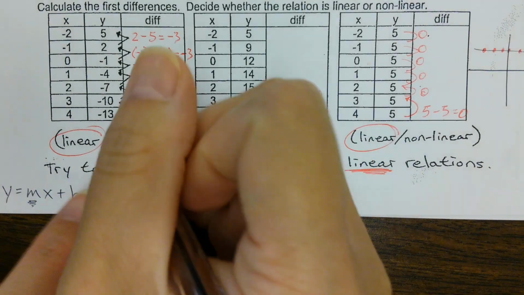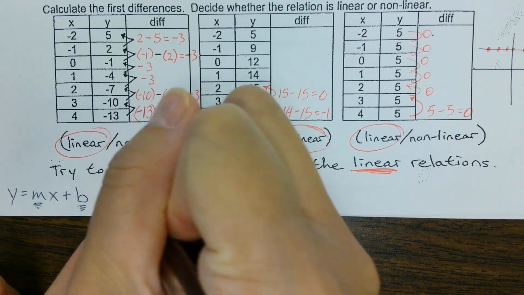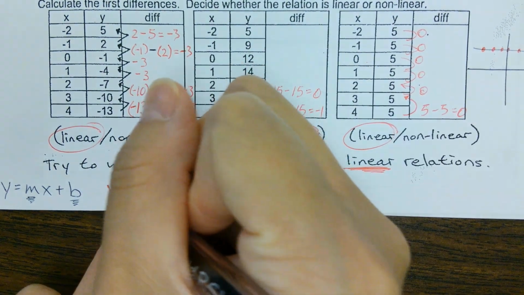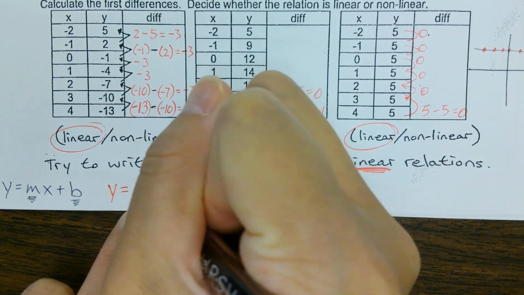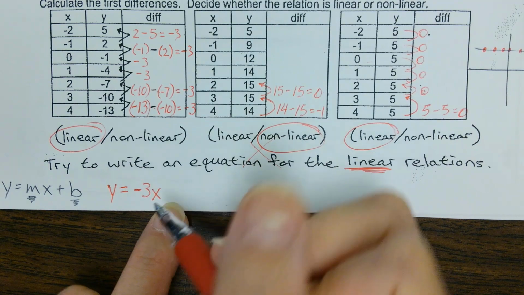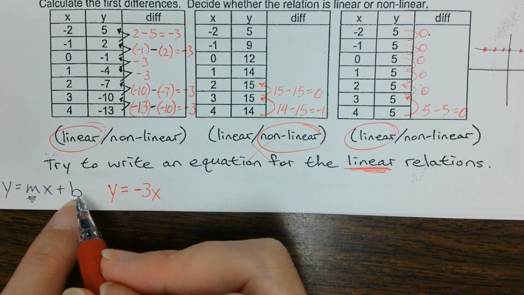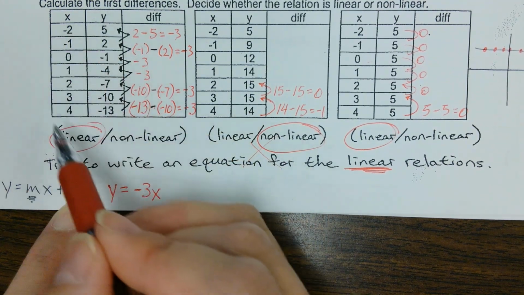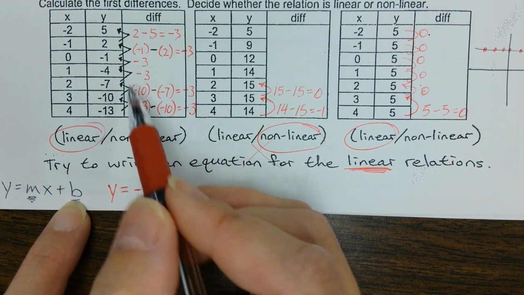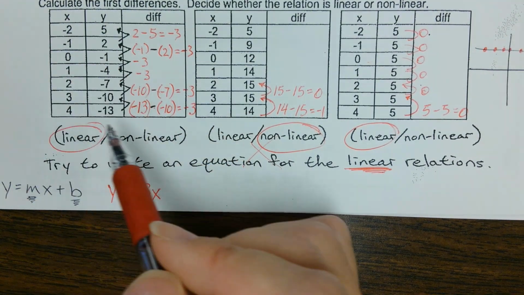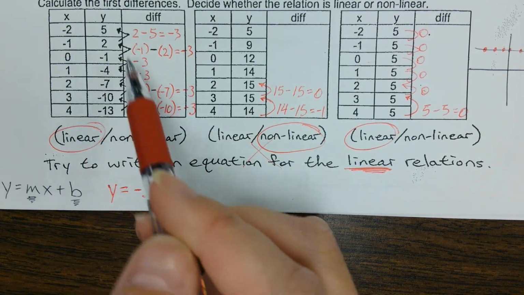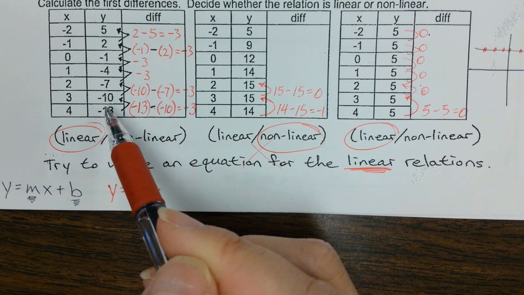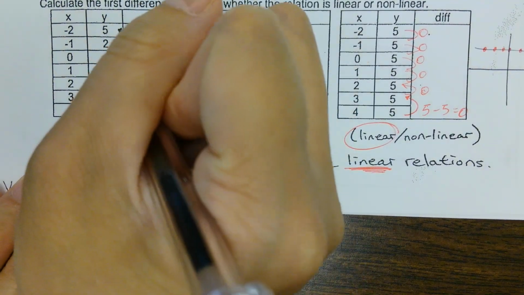So for this first relation, my equation is going to be y equals -3x. This plus b is my starting value. Looking at this chart, what's my starting value? Be very careful. What's my starting y value? Petro? -1.